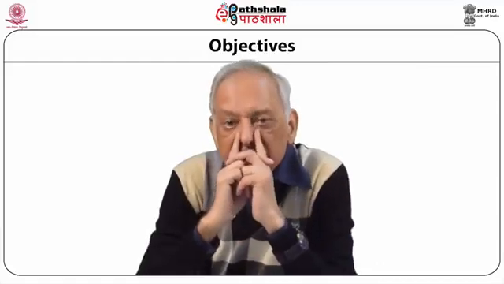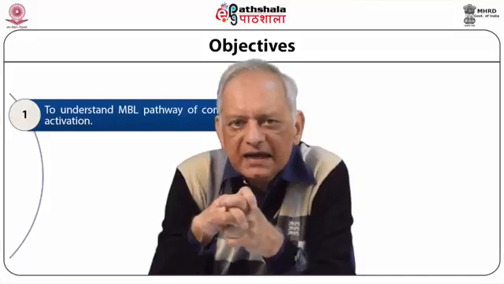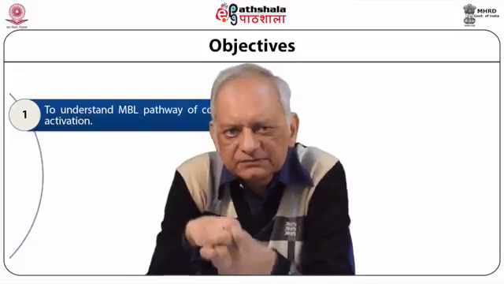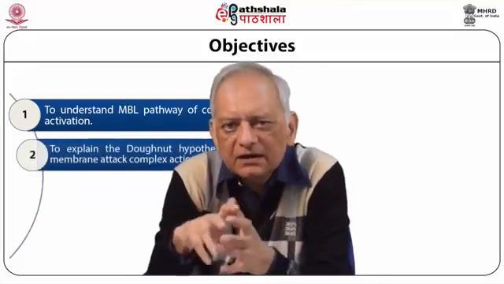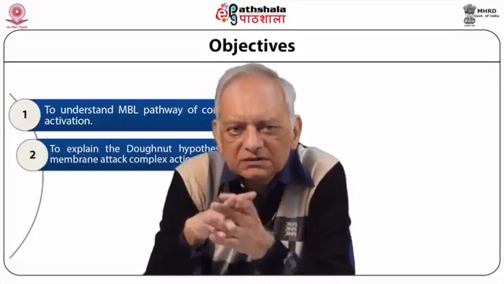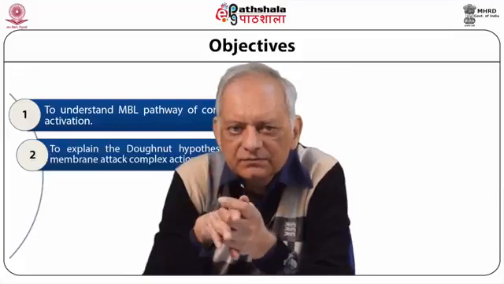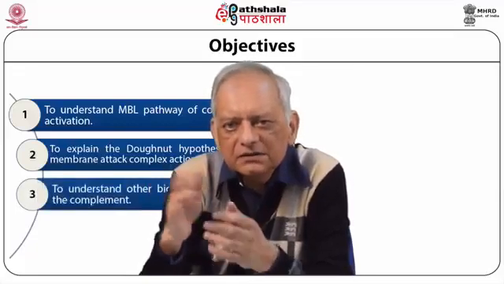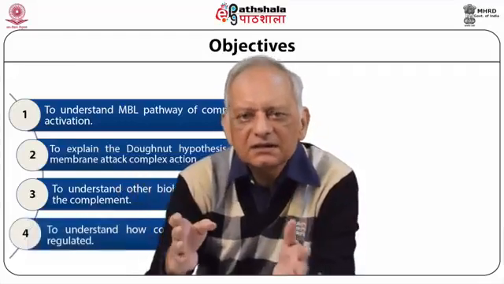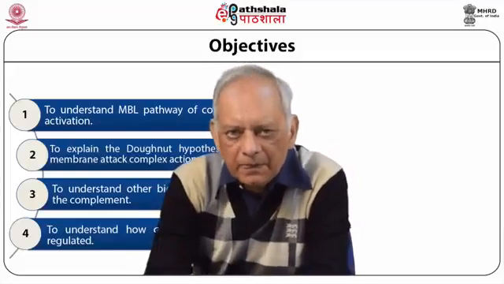So, the objectives of this module are to understand the MBL pathway of complement activation, which is the third pathway, to explain the Doughnut hypothesis for the membrane attack complex action, to understand other biological effects of the complement, and finally to understand how complement action is regulated.